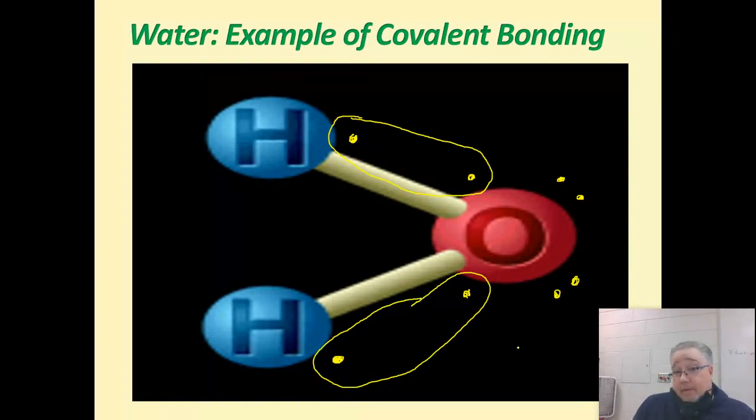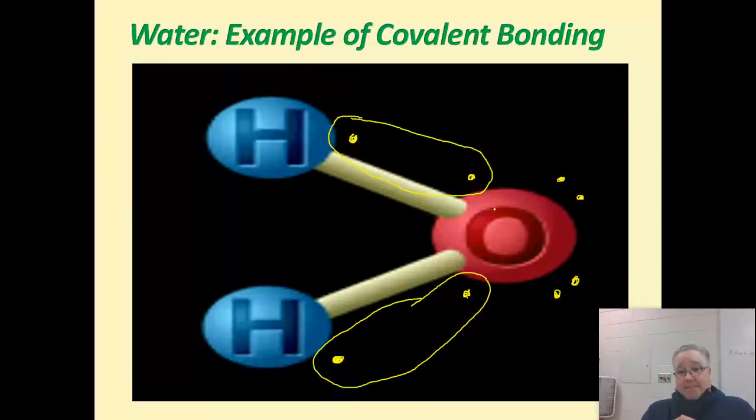So if the sharing occurs, this hydrogen here will have its 2 electrons because they're being shared. This hydrogen will have its 2 electrons. And then this oxygen will have 1, 2, 3, 4, 5, 6, 7, 8. That's what the oxygen wants.